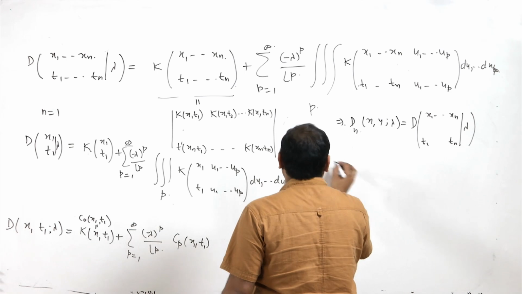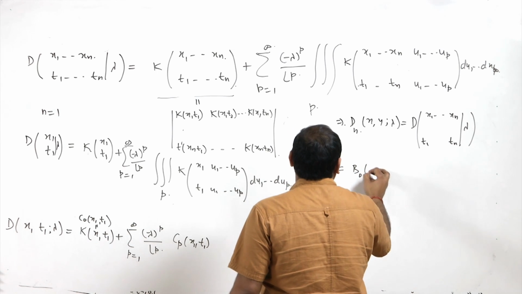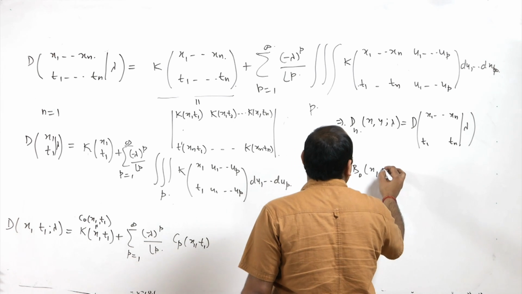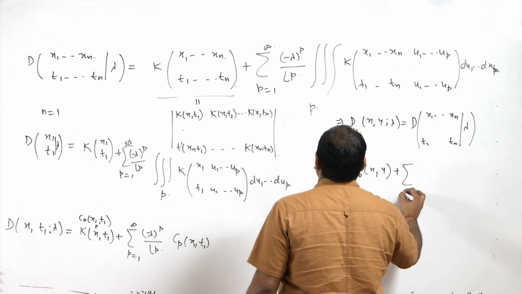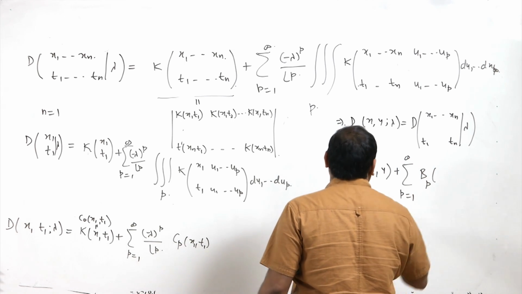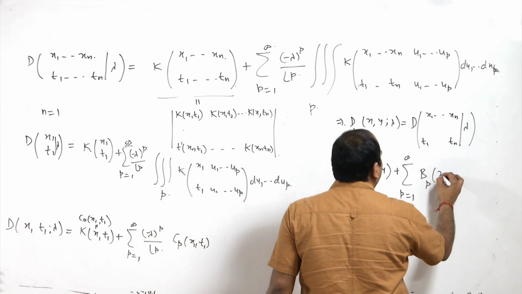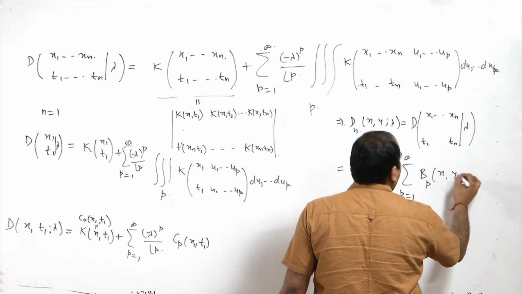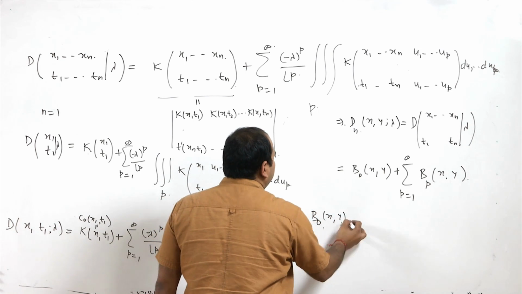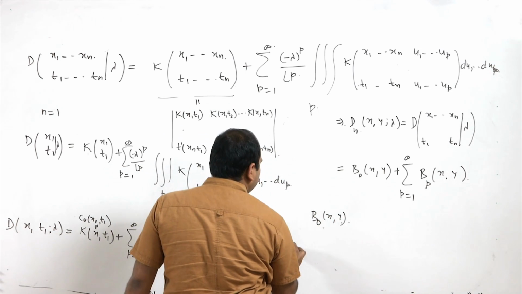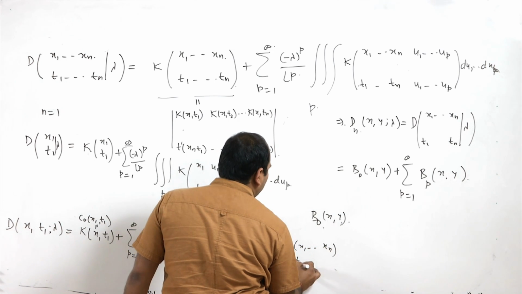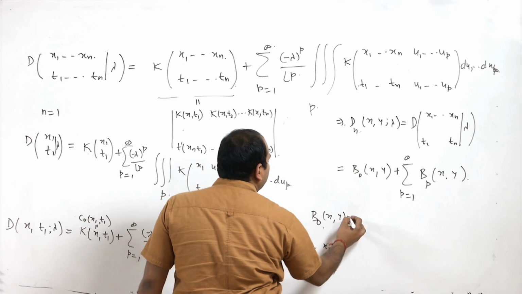Let me write it here as B naught(x, y) plus the summation p equal to 1 to infinity of B_p(x, y). So here B naught(x, y) is given by this thing, where x is your x1 to xn and y is your t1 to tn, and B naught(x, y) is defined as this.